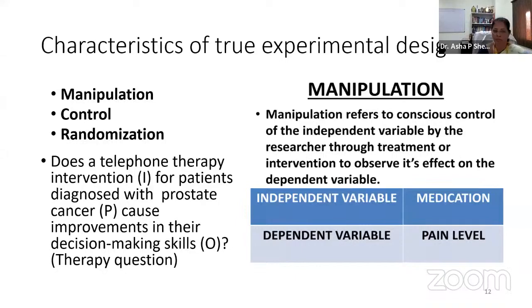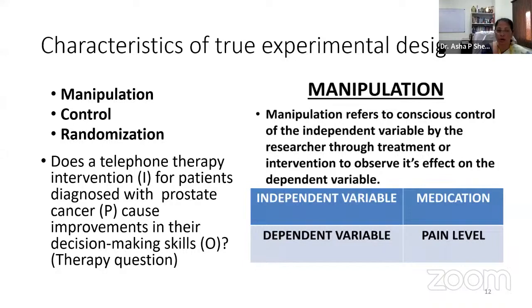for some other participants. Another example, as given in the PPT, you can see, does a telephone therapy intervention. So this is an intervention. In brackets, I have put it as I, and for patients diagnosed with prostate cancer. So that's the population we are studying, whether it will cause improvements in their decision-making skills.